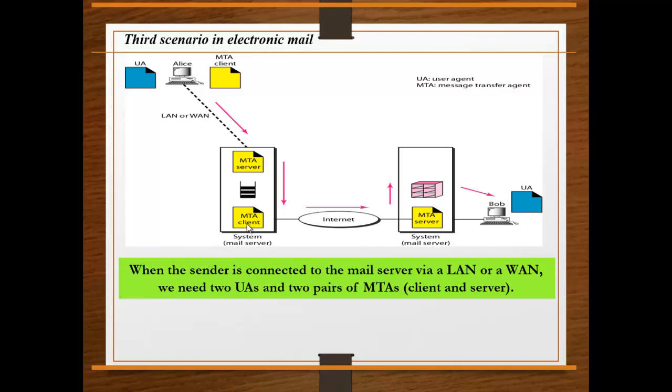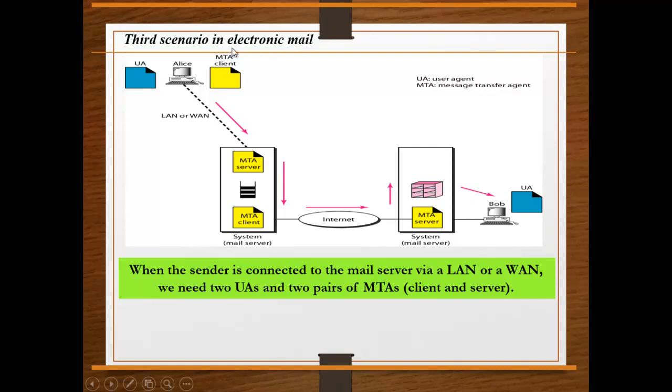So first Alice will write the message and send it to the corresponding client, and this client will forward it to the mail system. At that time the basic server system is acting as a server. Then this server will give the information to another server, and at that time it will be acting as a client, and the other server will receive it and store it in the mailbox. Since the receiver is directly connected to the server, he will access it using the user agent and read the message.